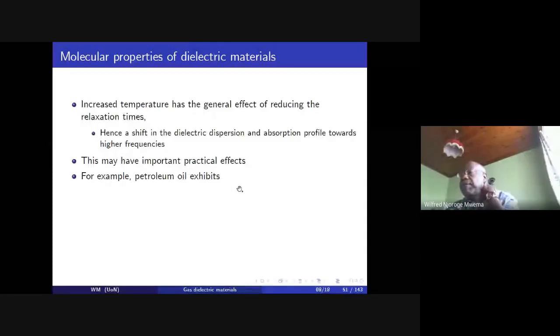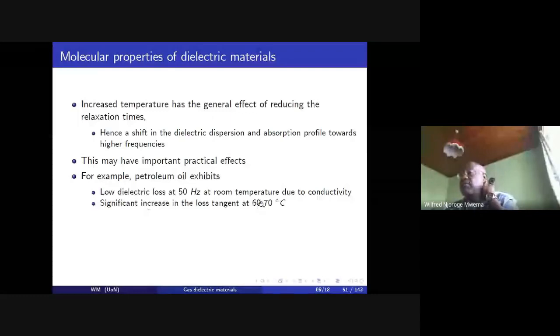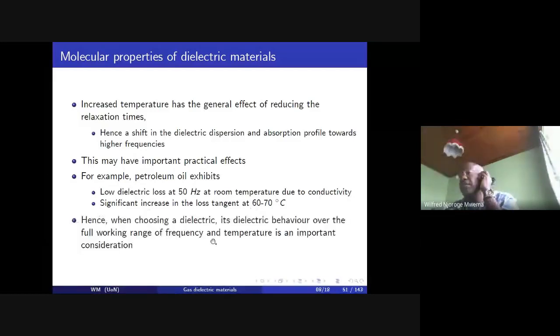For example, petroleum oil used in transformers will exhibit low dielectric loss at 50 hertz at room temperature due to conductivity, and a significant increase in the loss tangent as the temperature is raised to between 60 and 70 degrees C. And hence, when you are choosing a dielectric material, its dielectric behavior over the full working range of frequency and temperature will be an important consideration.